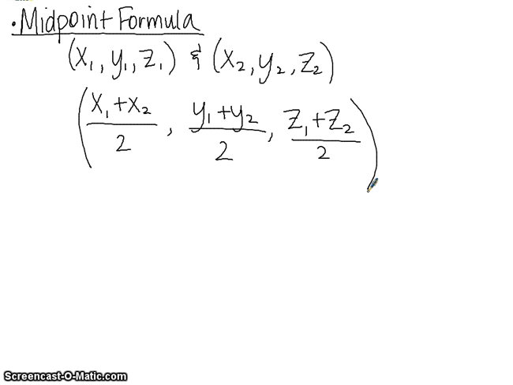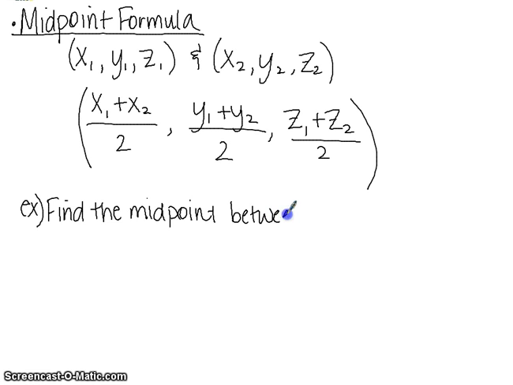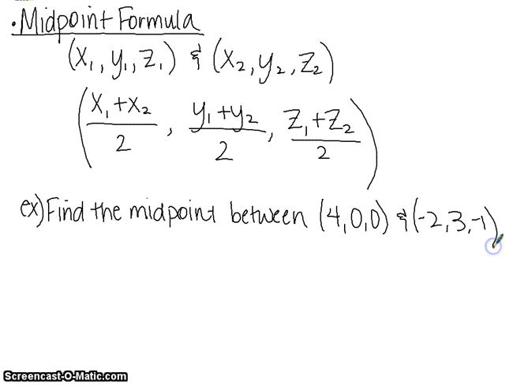Okay? So, an example of this one with numbers. Find the midpoint between, and you know what, I'll even use the exact same ones that I had before. 4, 0, 0, and -2, 3, -1.